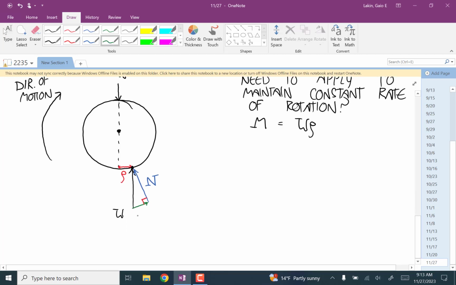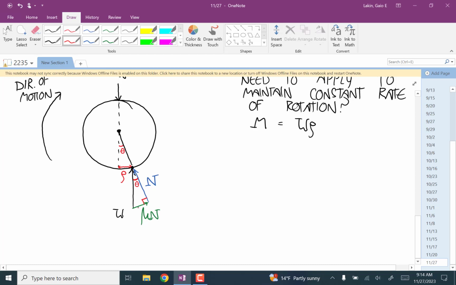The magnitude of this friction force is the coefficient of friction times the normal. How does that help us? Well, the angle for this triangle is the same as this angle. I'll call that theta.